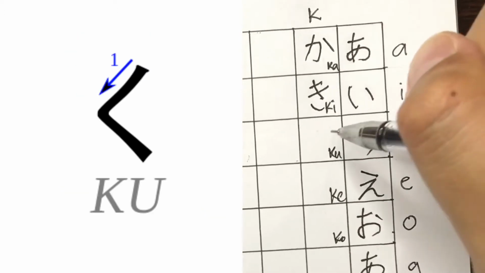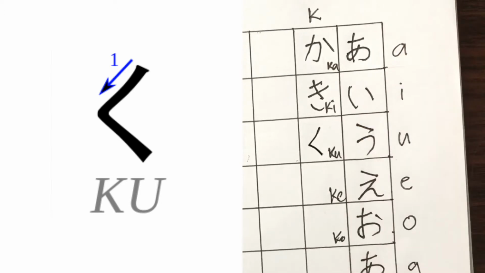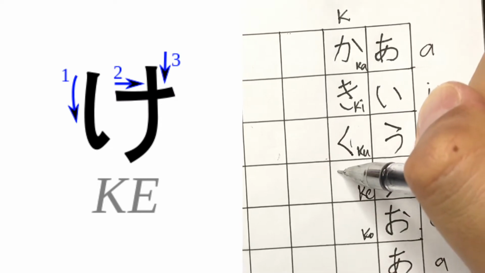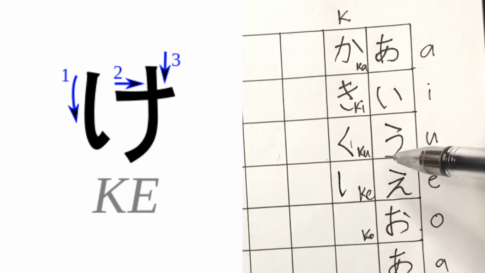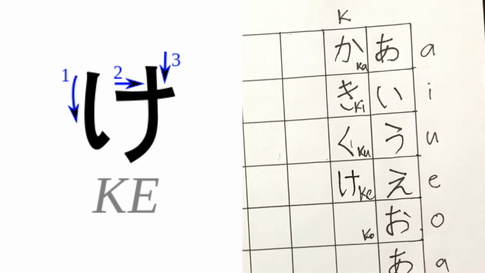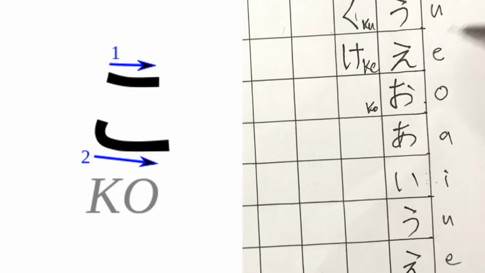The next character is ku. Next character is ke. Ke has 3 strokes, 1, 2, and 3. Ke. The last is ko.